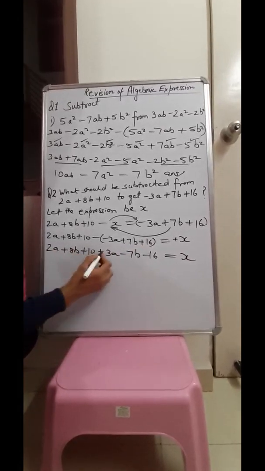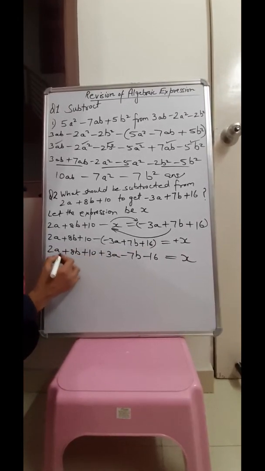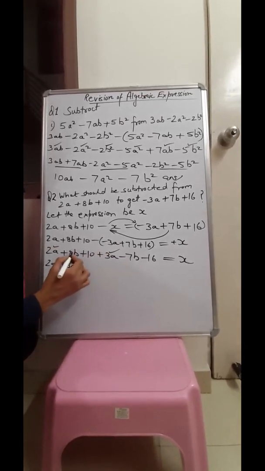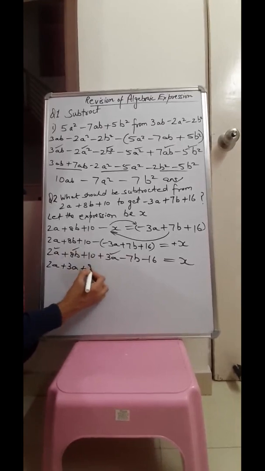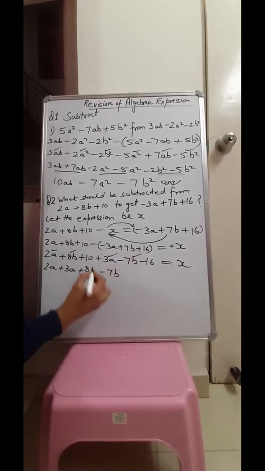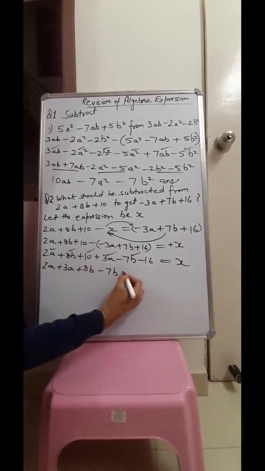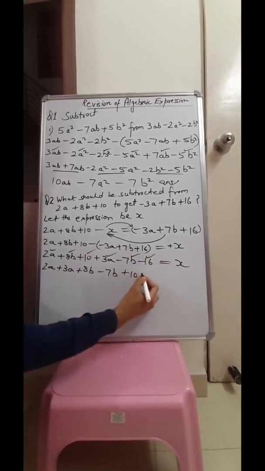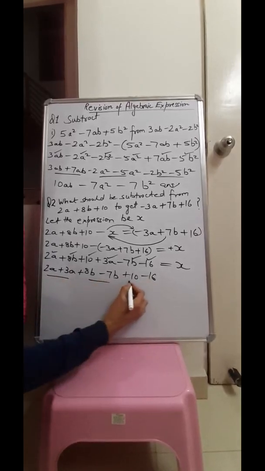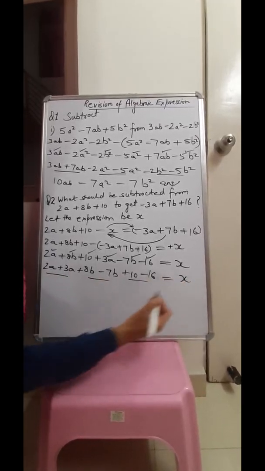So when you solve this, you will get x. We will arrange the like terms. So 2a, and this is also a like term of a, and next is 8b, and next is minus 7b, and next plus 10 and minus 16. We have arranged all the like terms, and this will give you equal to x.